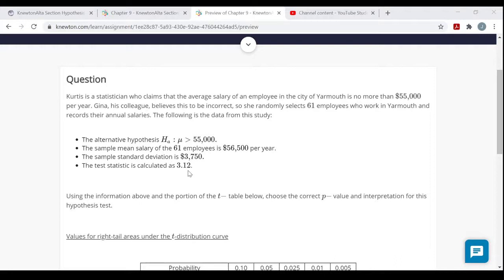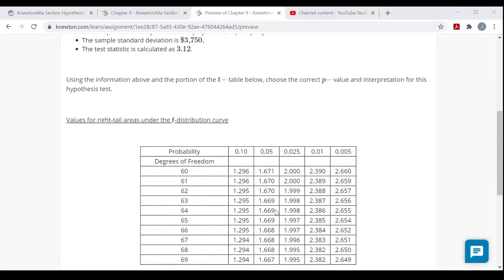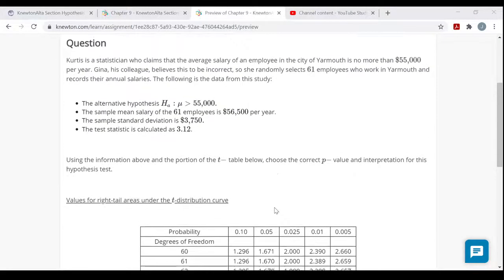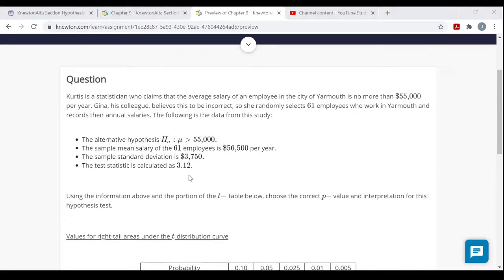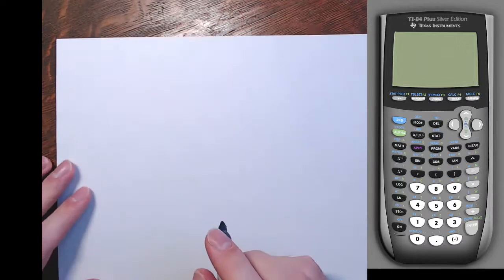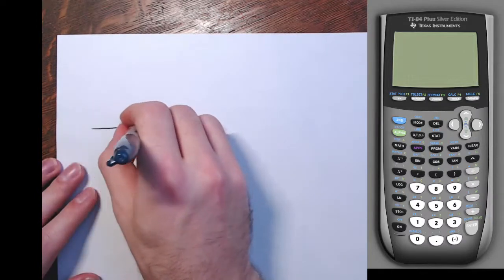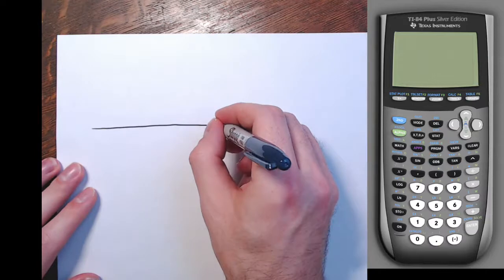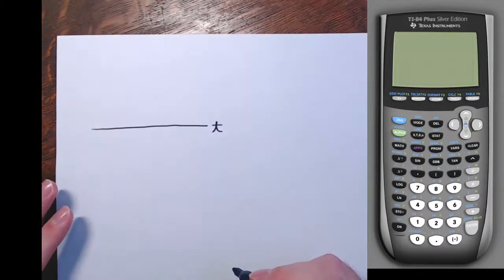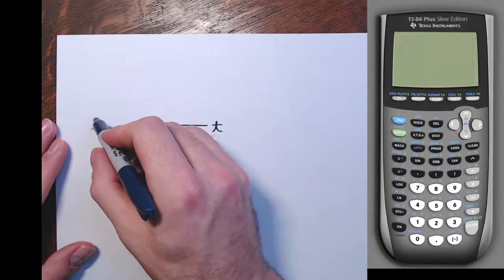Now you can use the table down here, and I'll show you how to use the table in a second. But first, let me find the p-value for this test statistic using my calculator. It's pretty simple. We're working with a student's t-distribution, so the horizontal axis is t-scores instead of z-scores, but they mean pretty much the same thing.